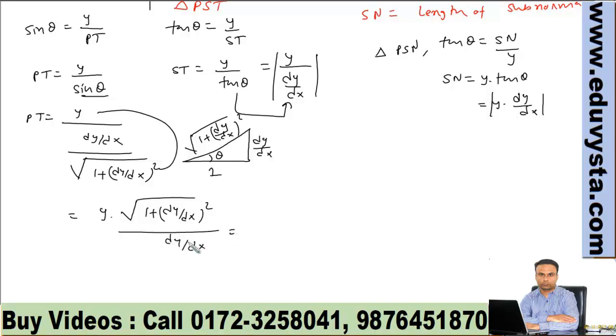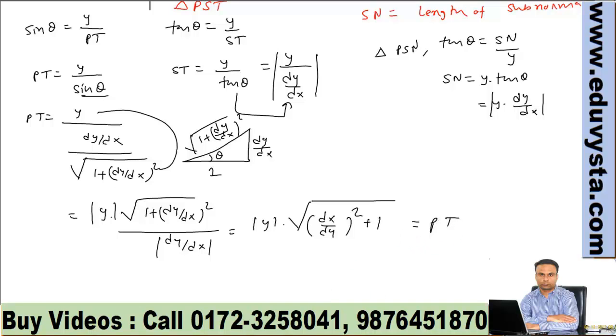And for length, we consider a modulus here. Now this dy by dx gets inside the square root, then this will be modulus of y multiplied by square root of (dx by dy) squared plus 1. So this is the length of tangent PT.